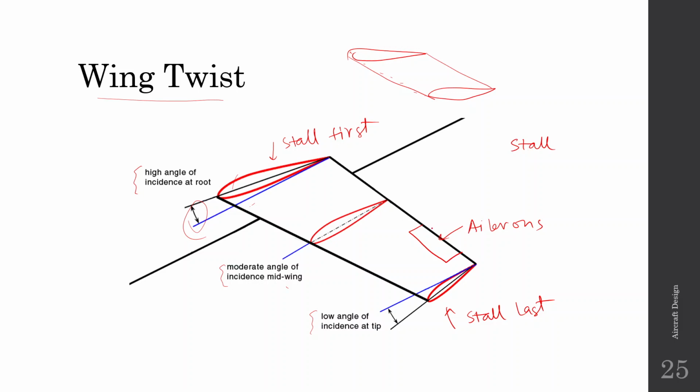But if your root stalls first, then you still maintain aileron control because your tip has not stalled yet. Your tip has a lower angle of incidence, so the tip of the wing has not stalled yet, but the root has stalled. So this maintains control and stability of the aircraft even during a stall.